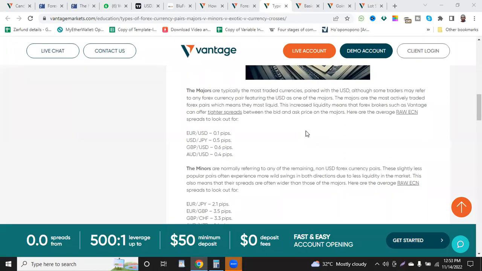Yesterday, when the market opened at night, I was trading on 2 different brokers, and I placed a trade on one and on the other one. One gave me a spread of 2.8 pips. Another one gave me a spread of 18 pips.